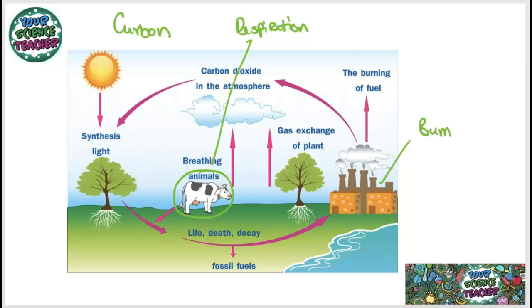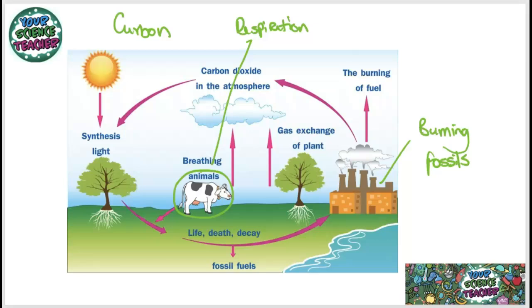The burning of fossil fuels is something that is disrupting our carbon cycle at the minute because fossil fuels have taken millions and millions of years to form, and there is so much stored carbon in our ground, and we are returning it to the atmosphere now, and trees cannot remove it at a quick enough rate.